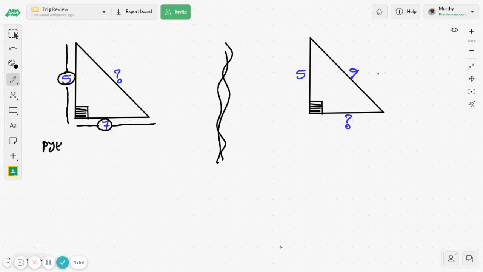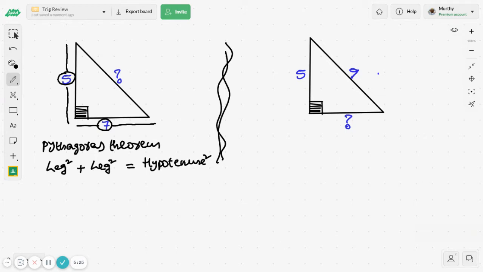I love to write the rules all the time, because when I keep writing them again and again, they stay in my mind for a long time. So leg square, or you can write it as side square, it makes no difference: leg square plus leg square equals hypotenuse square.